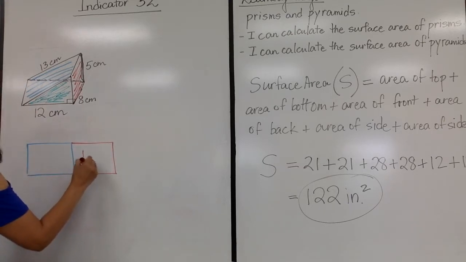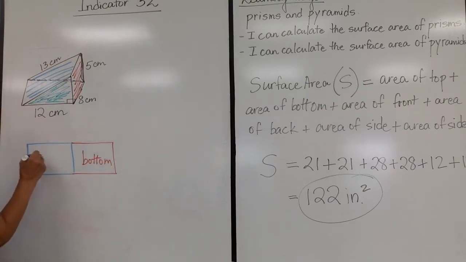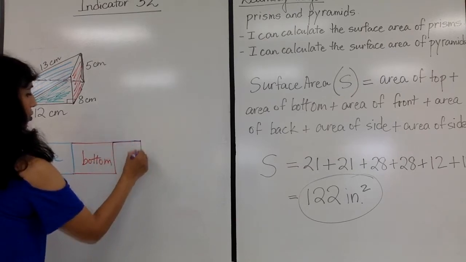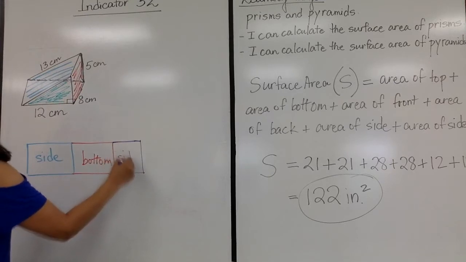So this is the bottom. This is the side. Then I have another side. I should have done the bottom in a different color, but that's fine. I should have made the other side red just because I had drawn it red, but oh well.